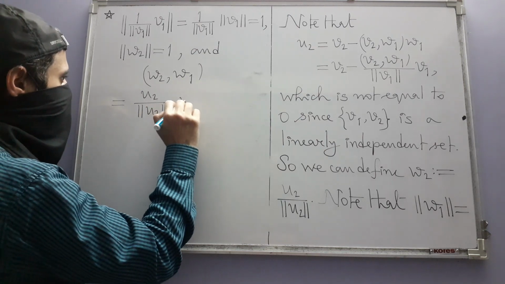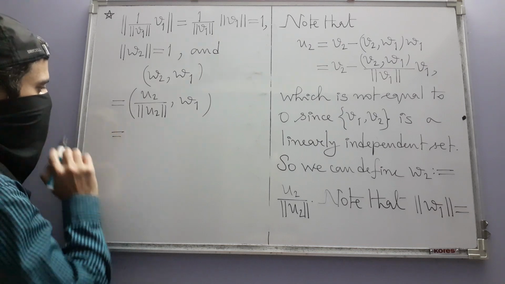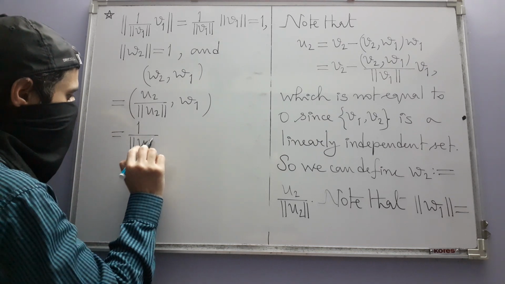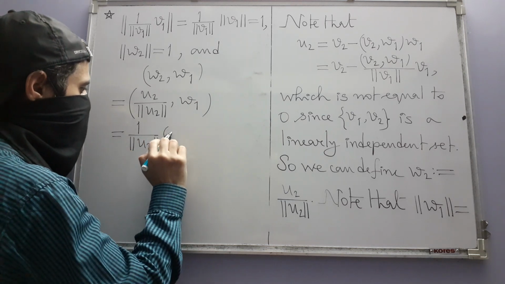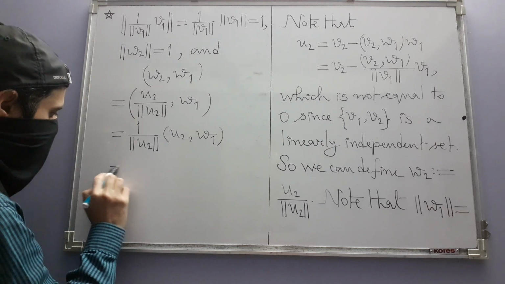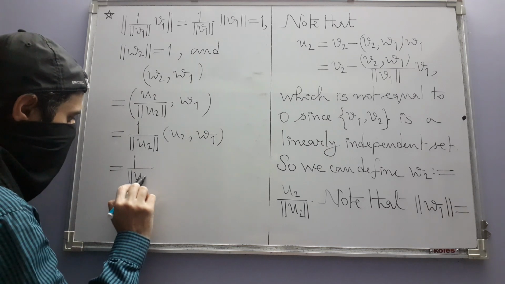U2, W1. So first of all, this scalar comes out. And then we write what U2 is.